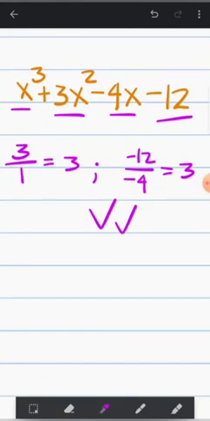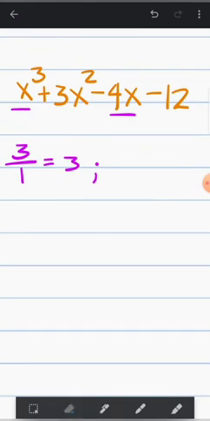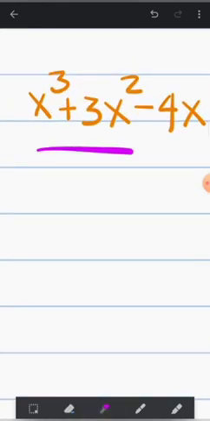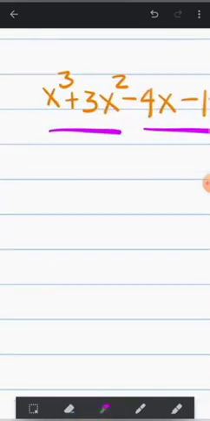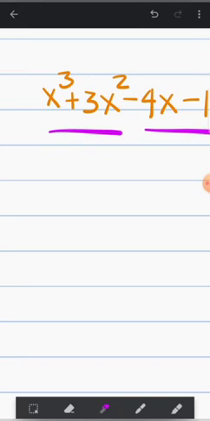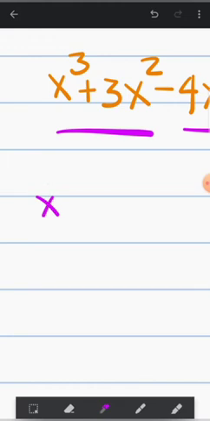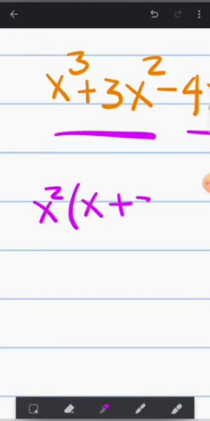So with that simple way to check, you're safe to say that they have a common factor. So you can factor out the common on this group and in this group. So 3x squared and x cubed, their common term is x squared, so we're going to be left with x plus 3.